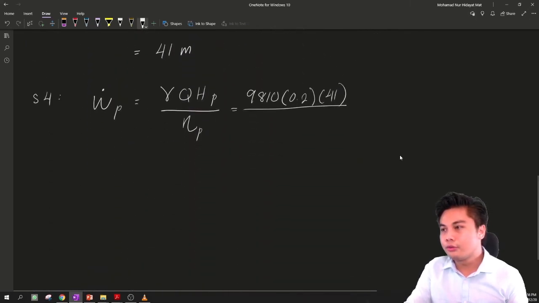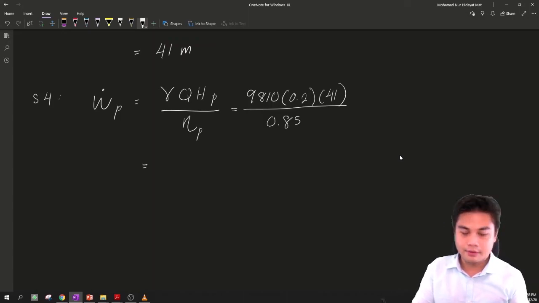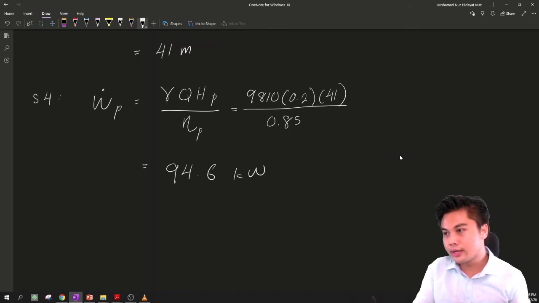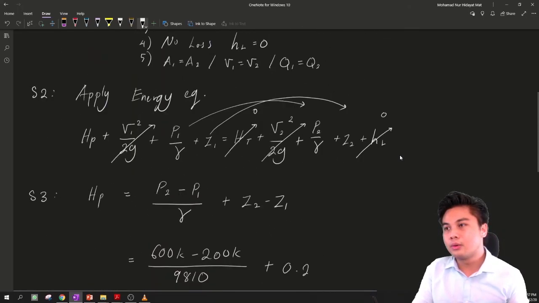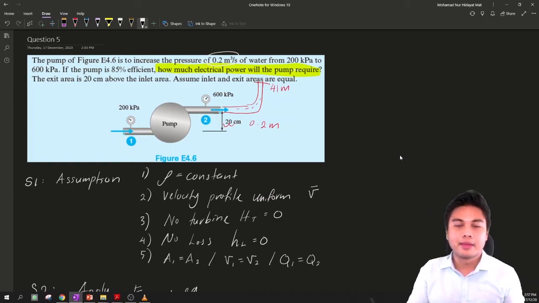Don't write 85 here, you should divide by 100 to get 0.85. The final answer is 94.6 kilowatt of electrical power required for the pump to increase the water up to 41 meter. Therefore, that is the final answer.